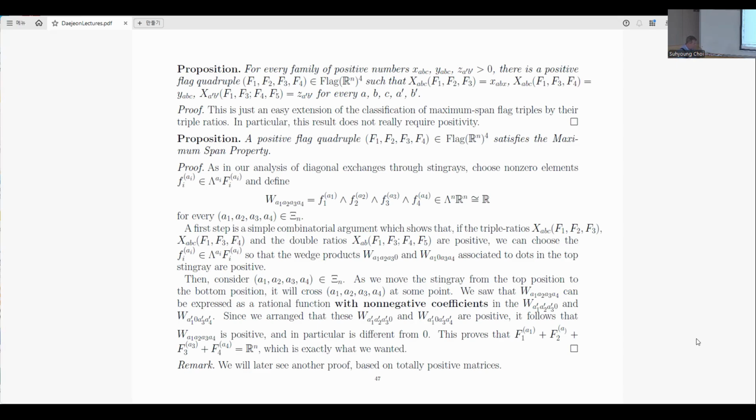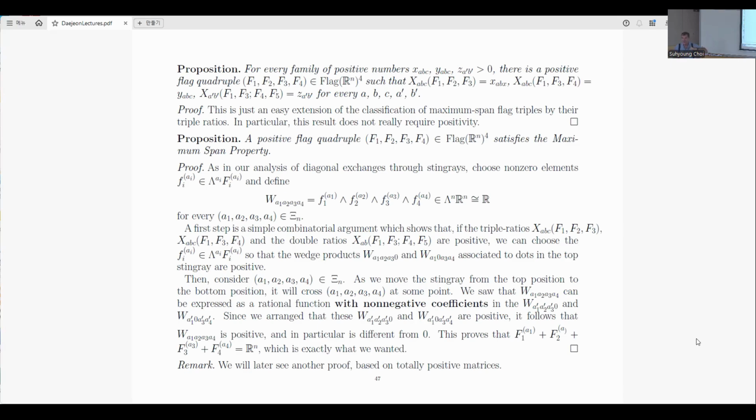Now there is a little combinatorial lemma which says that if the double ratios and triple ratios in the top stingray are all positive, then you can choose these elements in the exterior power so that the wedge products in this top stingray are always positive.